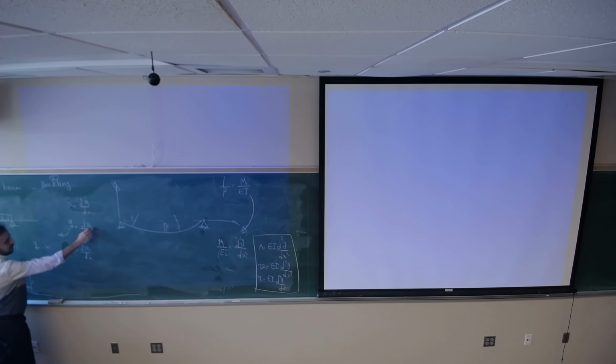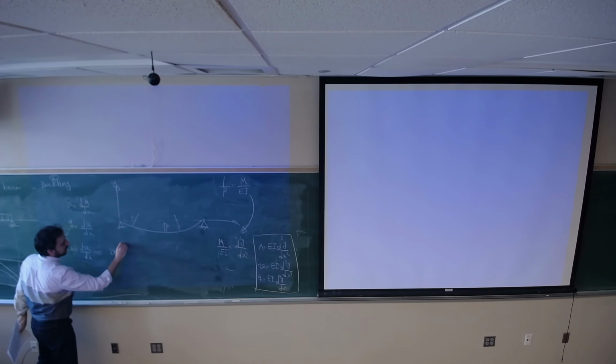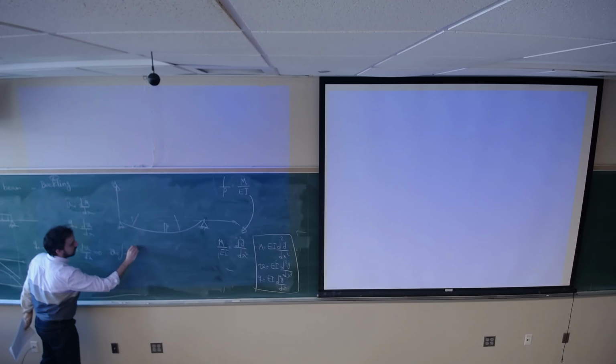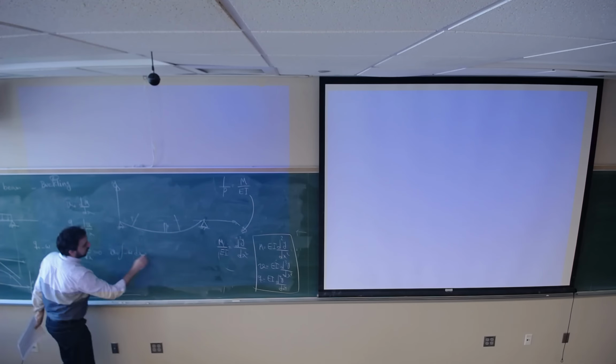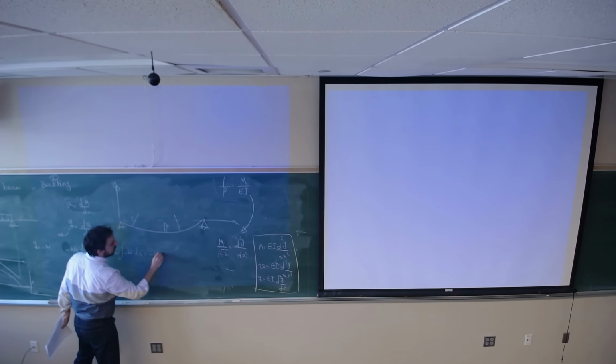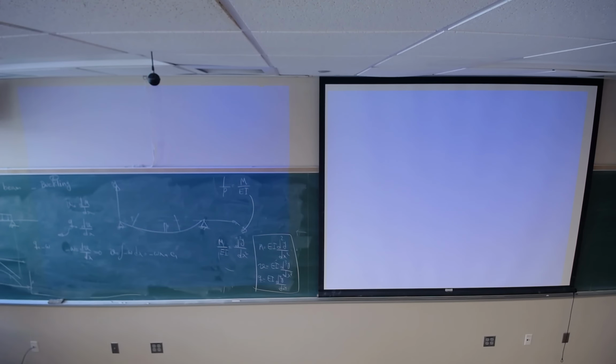I'm going to start from this. If I want to find the shear force, I can say V would be the integration of negative W times dx. The integration of that is going to be negative Wx plus C1, where C1 is a constant.